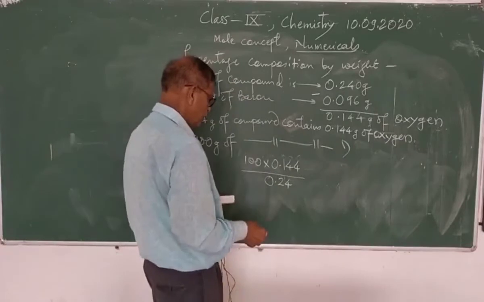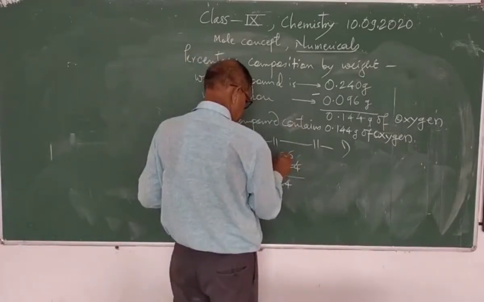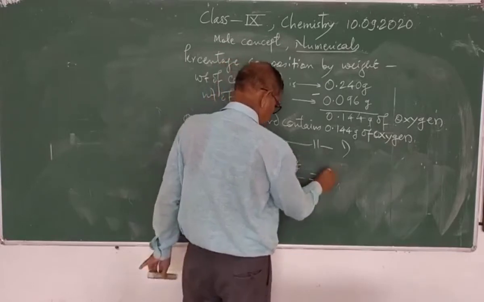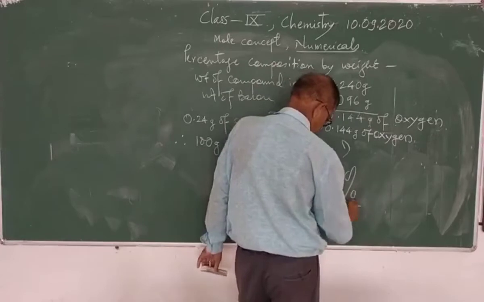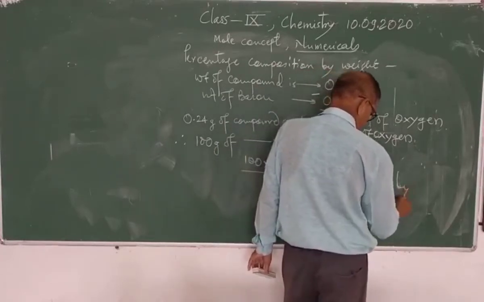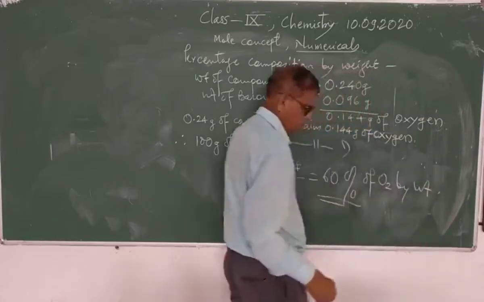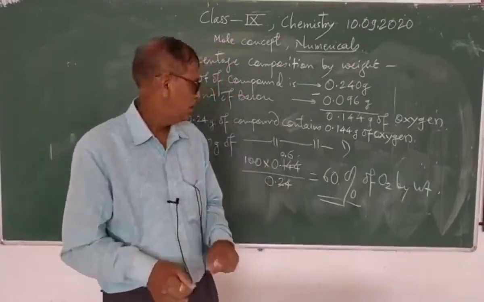So see how much it will be. It will be 0.6, meaning 60% of O2 by weight. So in this way we can calculate.